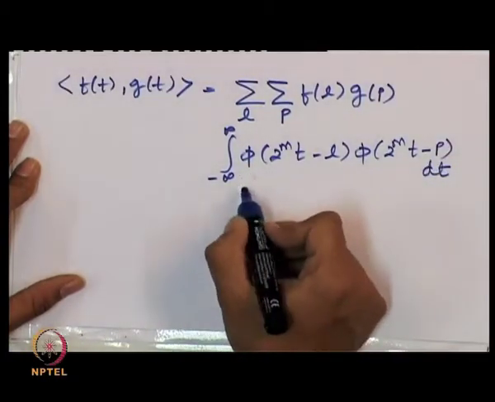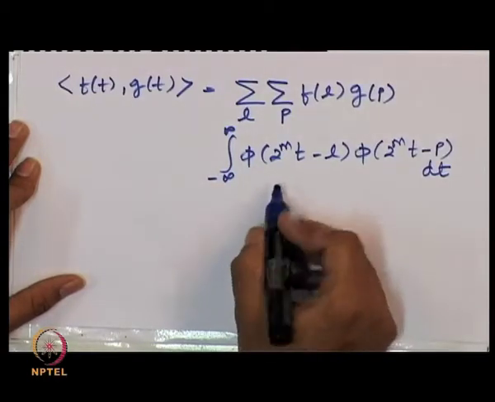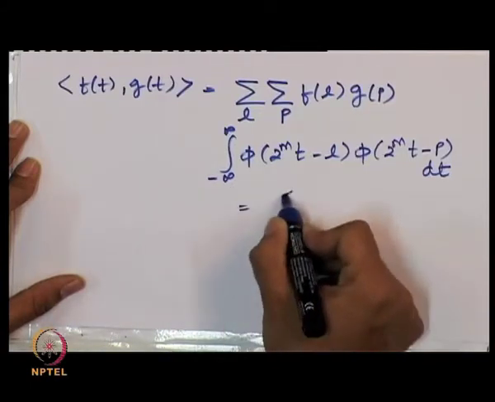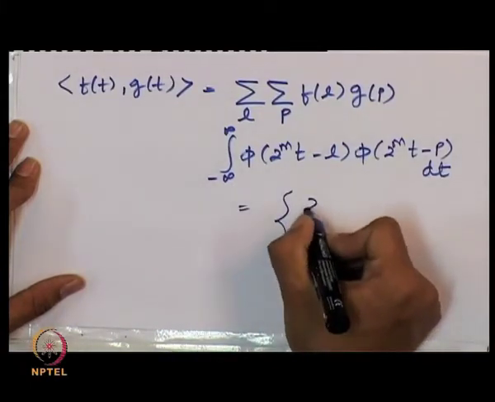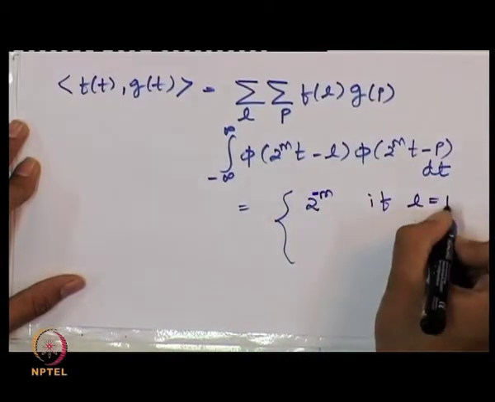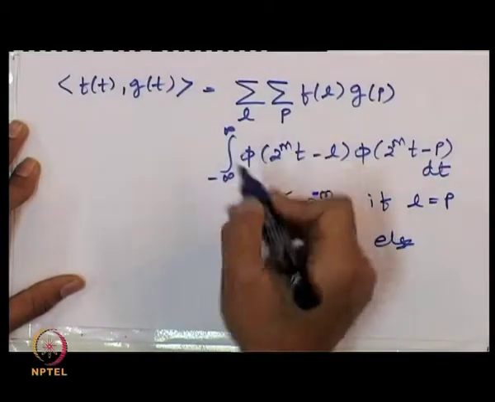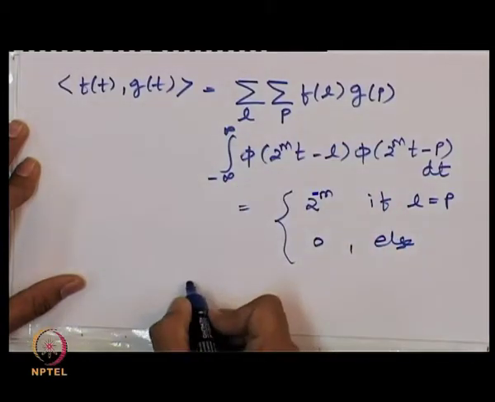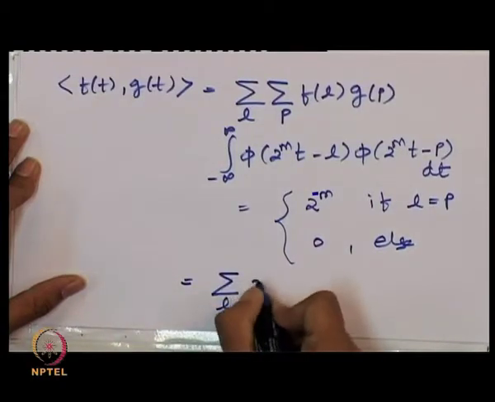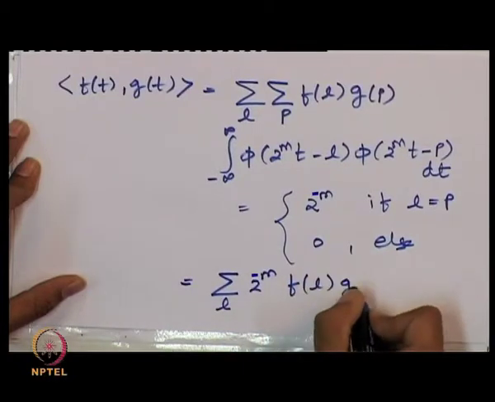We know that phi is an orthonormal basis for Vm, and this integral is equal to 2 raised to minus m if and only if l is equal to p, 0 else. Hence this double summation results in a single summation, 2 raised to minus m Fl Gl.